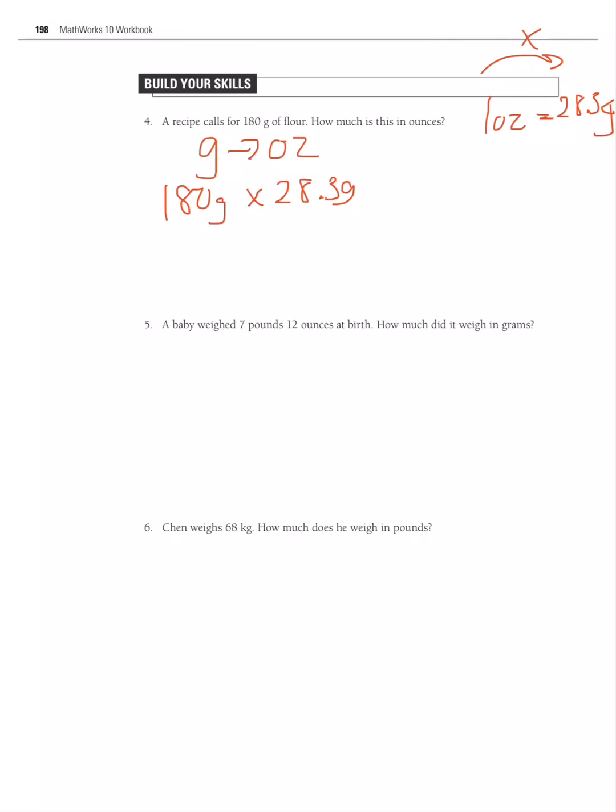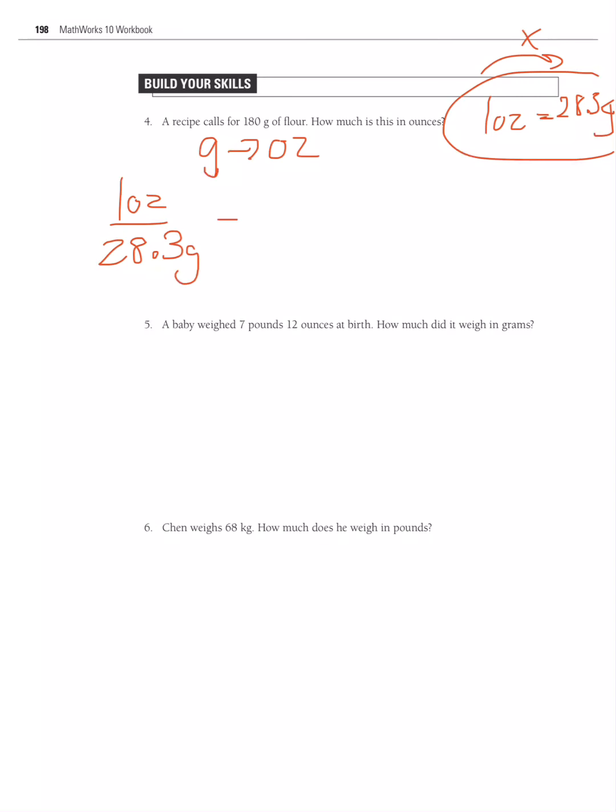Oh, sorry, I'm going backwards here. So this is a good example why sometimes it's a little easier if you treat it like cross multiplying. So I actually have to divide, but here's how you know. So we're going to actually use this as our first fraction. 1 ounce is 28.3 grams equals, and then we have 180 grams.